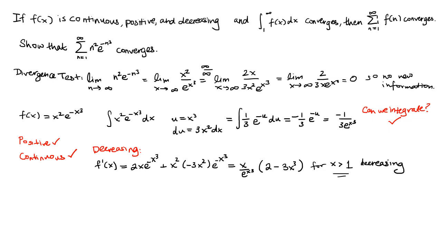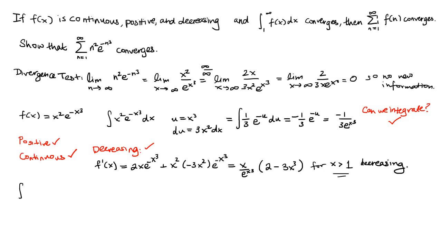Excellent. Okay, so we've checked that it is eventually decreasing. Great. All right, so we have worked out that we'll be able to calculate this integral, and we've checked our hypotheses for the integral test. So we are ready to rock and roll.